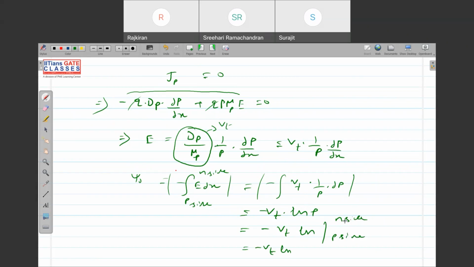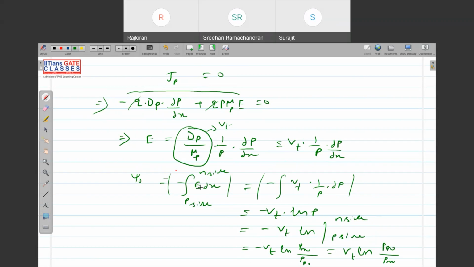Equal to minus Vt ln of what? The concentration of holes in N side, Pn0, divided by Pp0. So we get Vt ln Pp0 by Pn0.